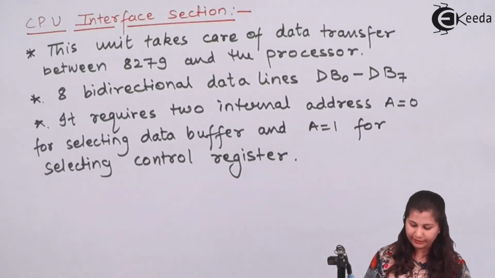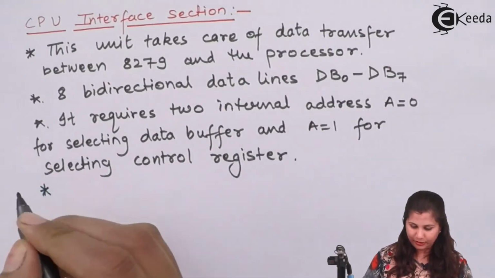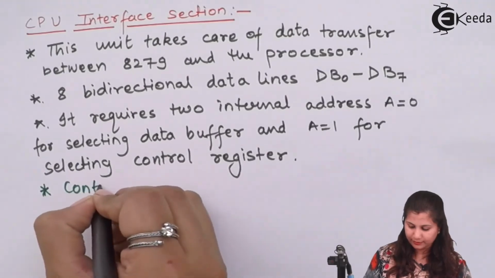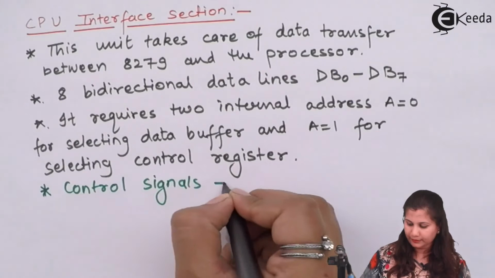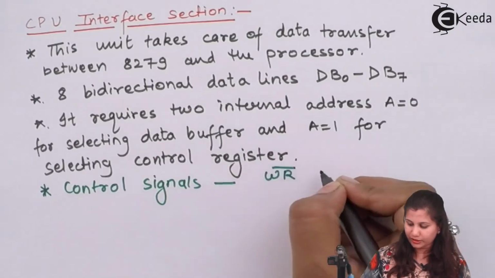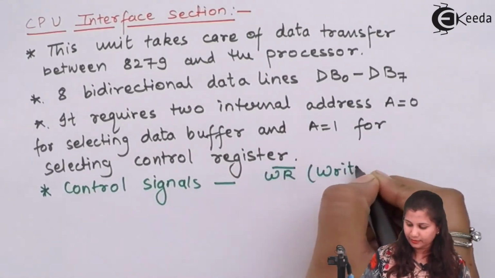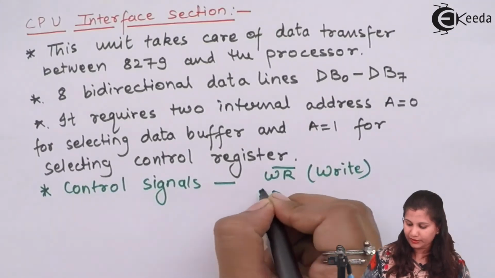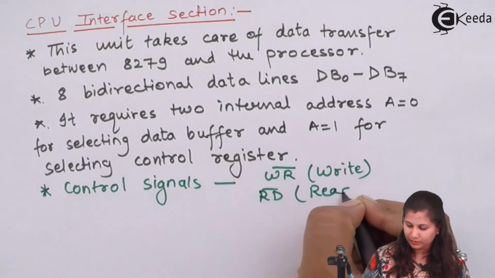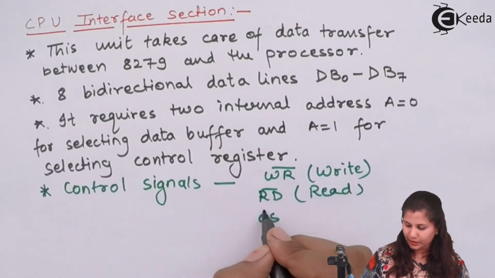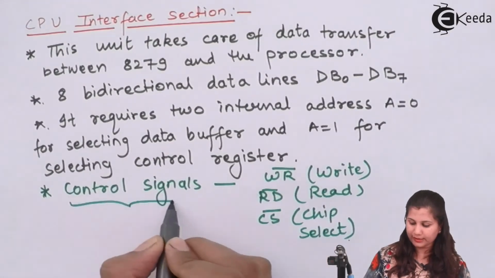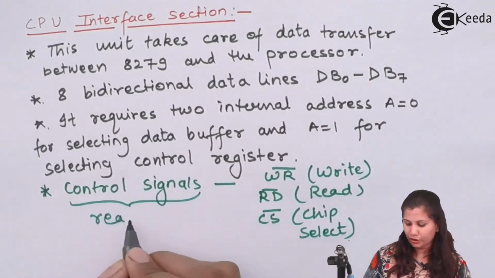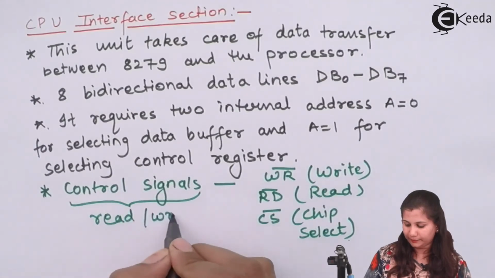So here we can write that we have the control signals: WR bar, which is write, RD bar, which is read, and CS bar, which is chip select. These control signals are used to read and write to the 8279.